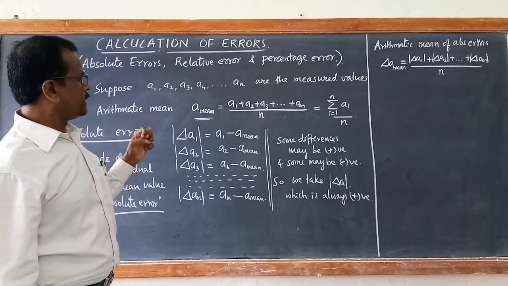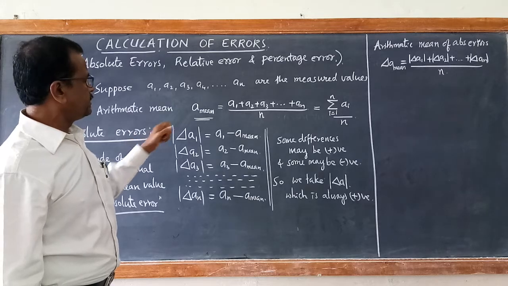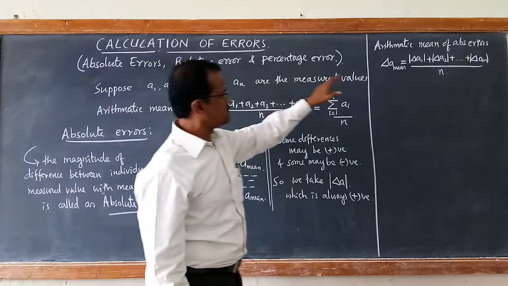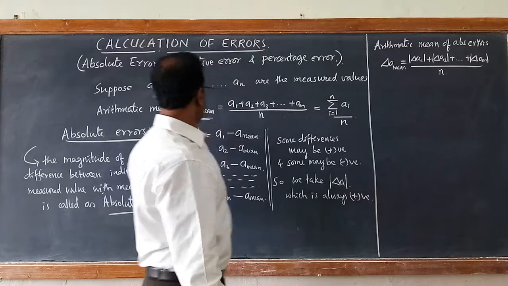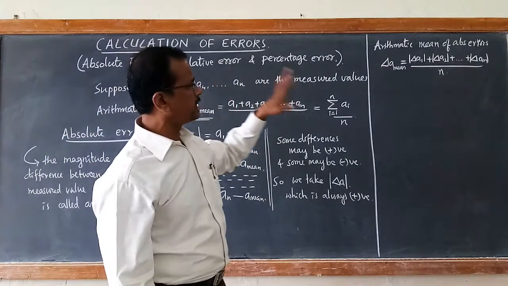The true value is going to lie in between A mean plus delta A mean and A mean minus delta A mean.